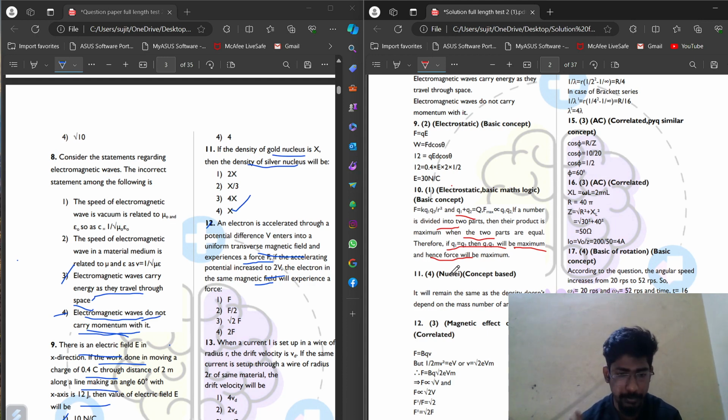The formula of force whenever a certain amount of voltage is applied, so that the charge gets a certain velocity.